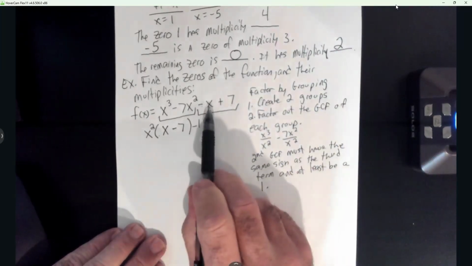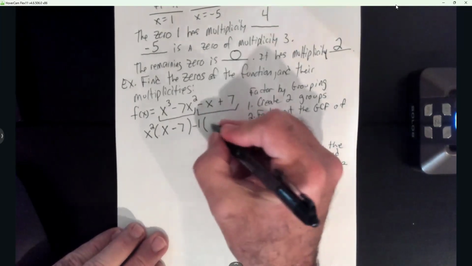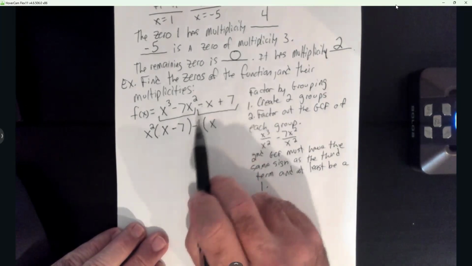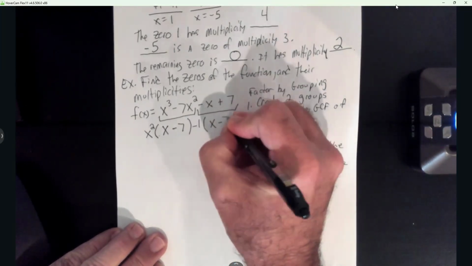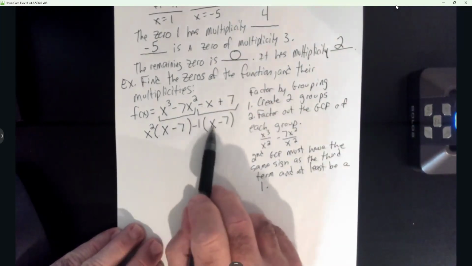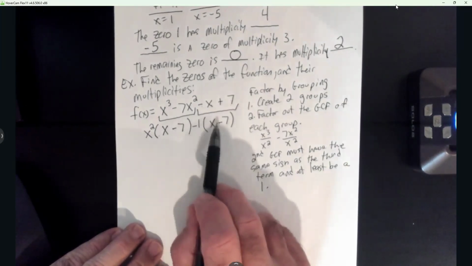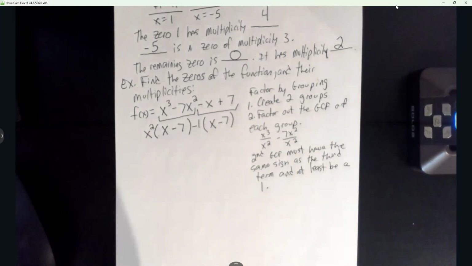So what I'm doing here, negative x divided by negative 1 makes that a positive x. And then look here, 7 divided by negative 1 makes that a negative 7. Do you see these parentheses are matching up perfectly? These two parentheses must always match, okay?